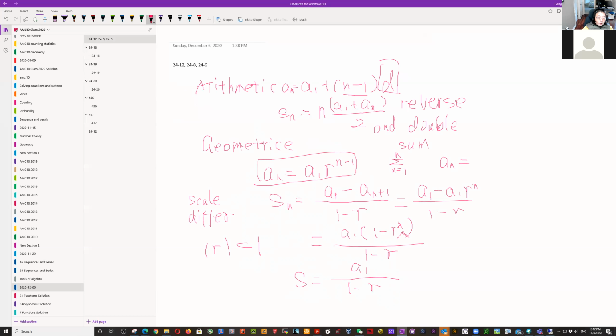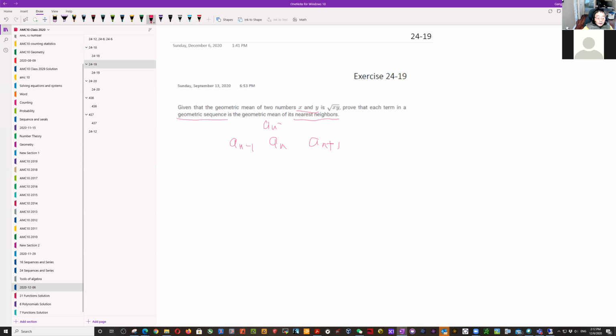So an is a1 multiplied by r to the n minus 1. So a(n+1) is just multiplied by 1 extra r, it's a1 r to the n. And a(n-1) is just scaled down by r, it's going to be a1 r to the n minus 2.